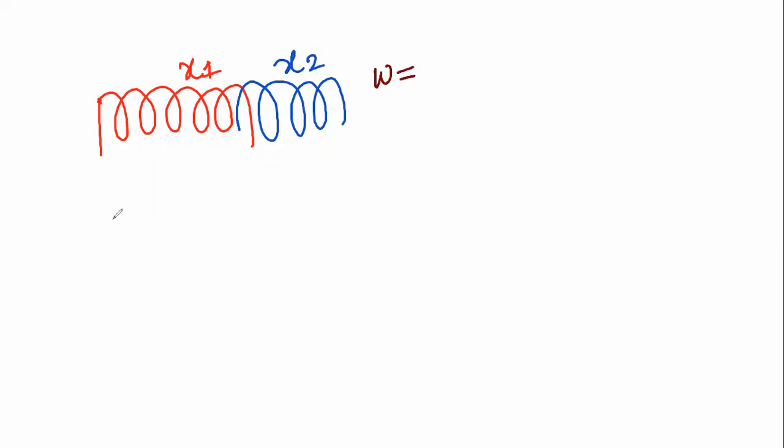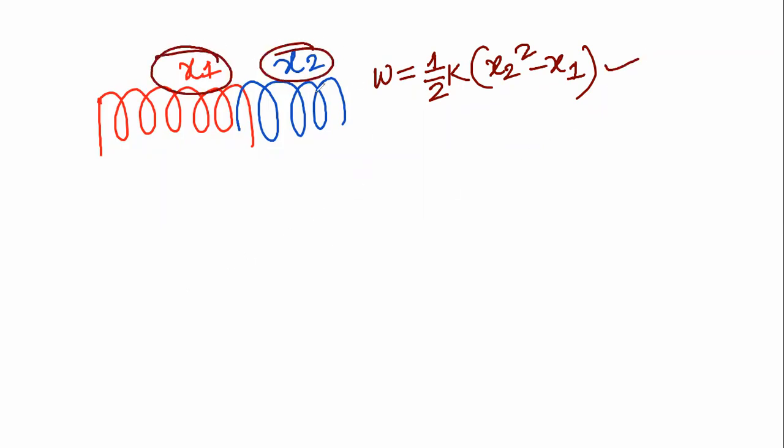Work done in increasing the extension of the spring from x1 to x2 is half k into (x2 squared minus x1 squared). This is the work done in extending the spring from the initial displacement x1 to x2.